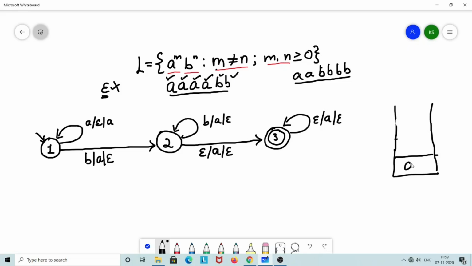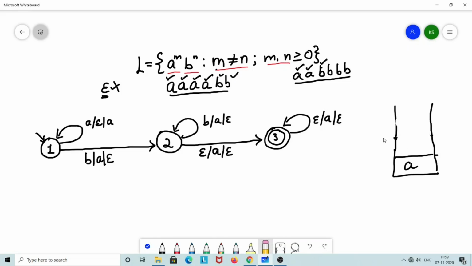For the first A, I'll push A onto the stack and remain in state 1. Then for the second A, I'll also perform the push operation and remain in state 1. Then for the B encountered, I'll go to state 2 by popping A out.